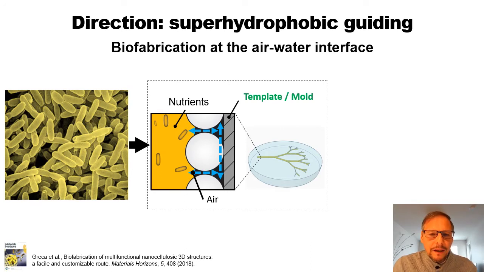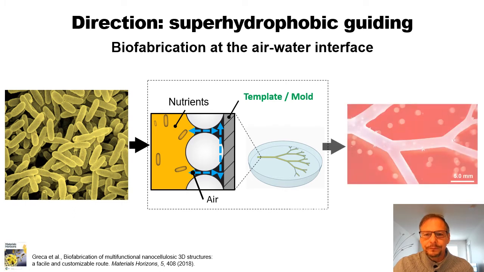Where you see the blue arrows, you can expect some entrapped air to be present. Close to those particles, we will have the culture medium on the left and the microorganisms that will use the air that is entrapped between the template and the particles, and that air will be used to produce our bricks, in this case the bacterial cellulose.